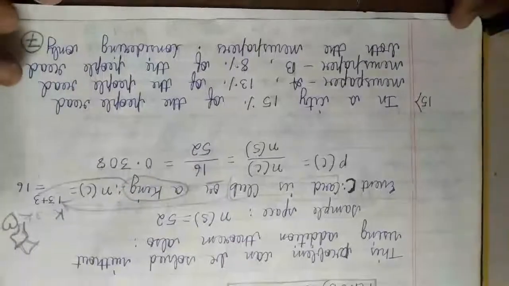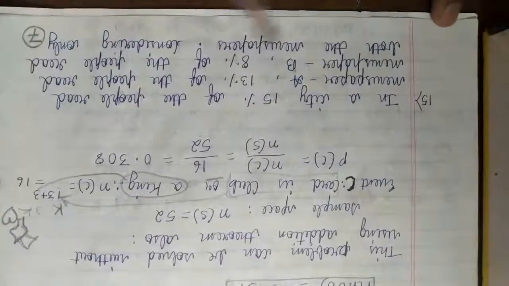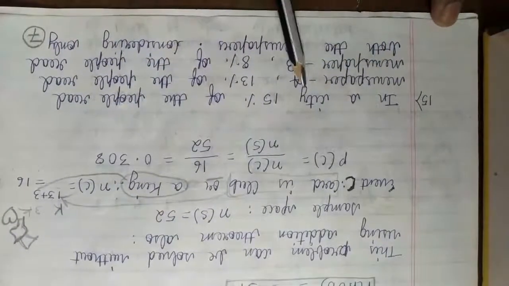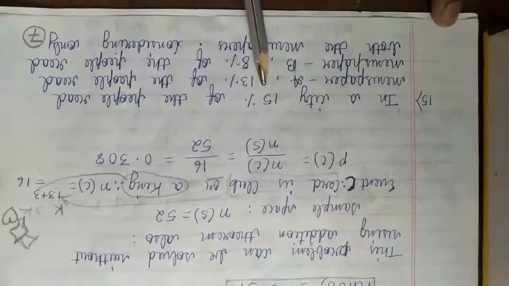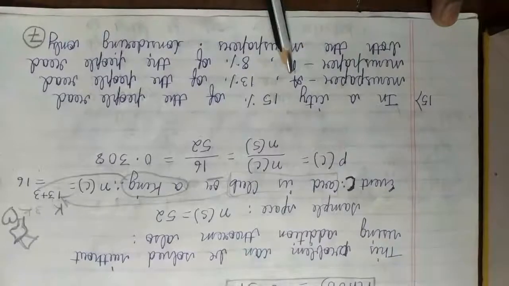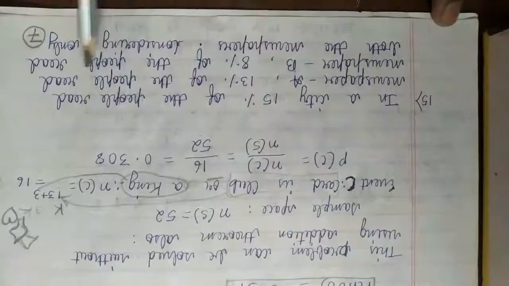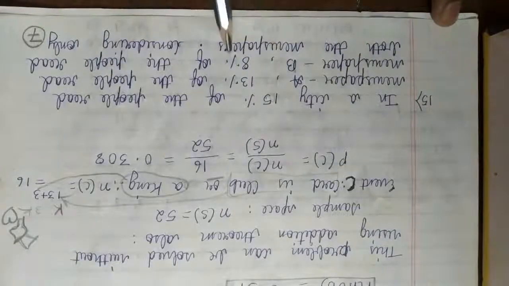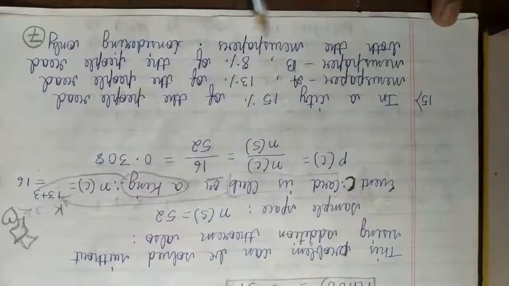The question is like this. Question number 15. In a city, 15% of the people read newspaper A, 13% of the people read newspaper B, 8% of the people read both newspapers.